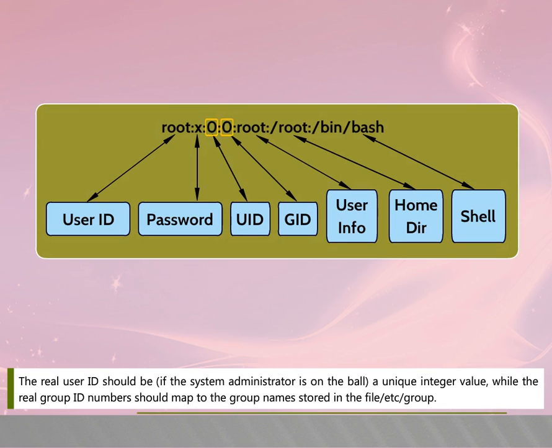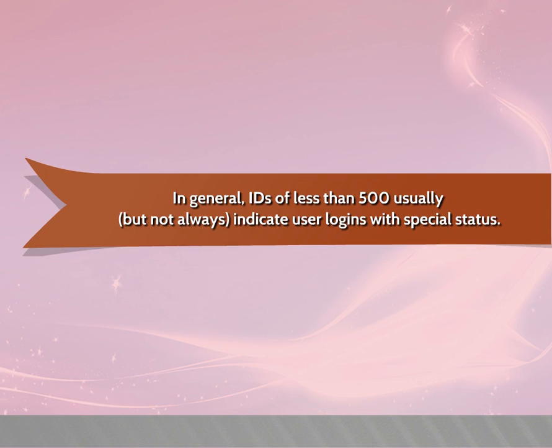The real user ID should be, that is, if the system administrator is on the ball, a unique integer value, while the real group ID numbers should map to the group names stored in the files /etc/group. In general, IDs of less than 500 usually, that is but not always, indicate user logins with special status.